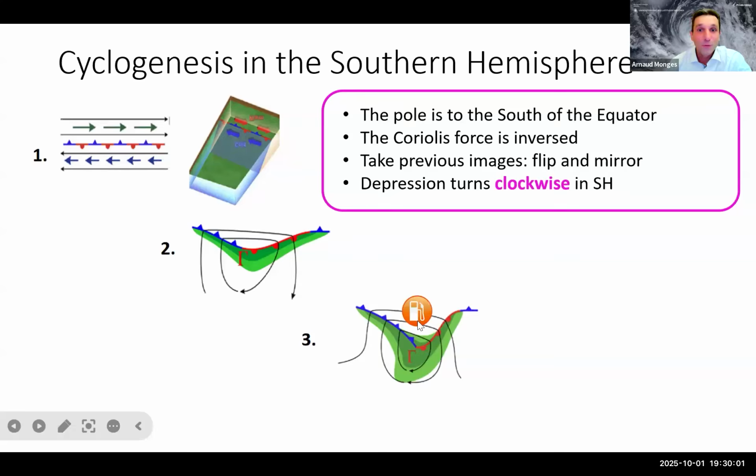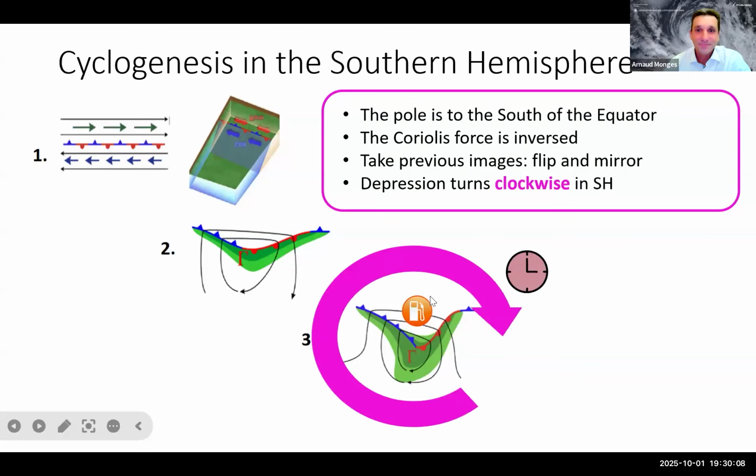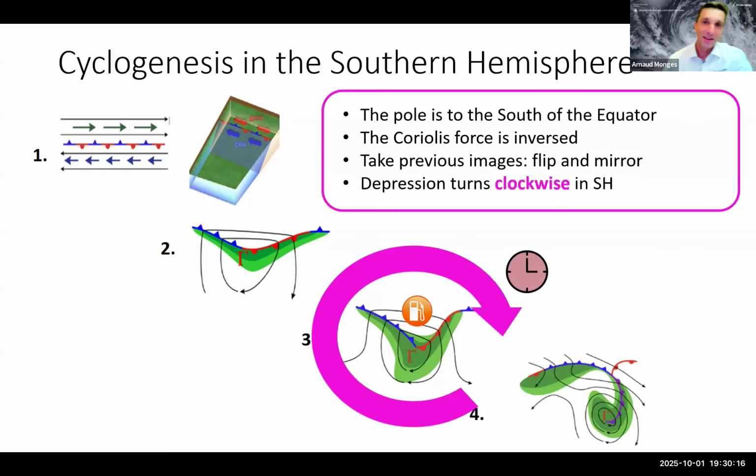For example, I put the fuel, but of course here, the fuel is toward the north, toward the equator. And of course, the rotation of the system is clockwise. And finally, the dissipation. I hope this does not confuse the people in the Northern Hemisphere. Myself, it's not natural to look like this because I live in Europe.